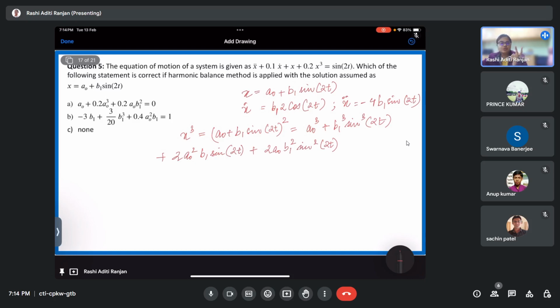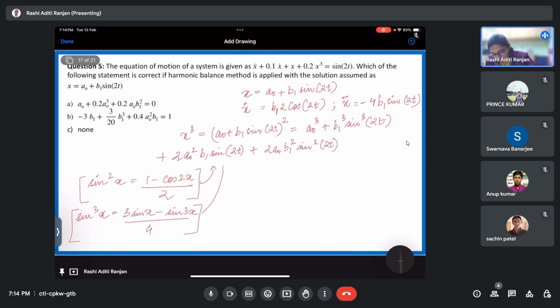Now I can use two trigonometric identities. The first: sine square of x equals (1 minus cos of 2x) divided by 2. The second: sine cube of x equals (3 sine x minus sine of 3x) divided by 4. I can use this, right?